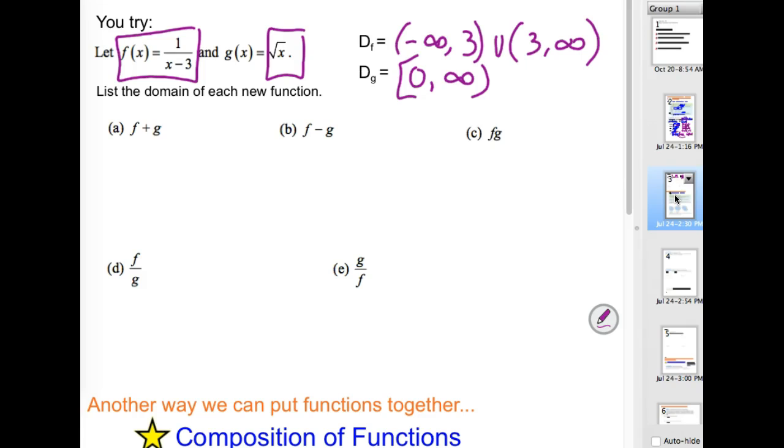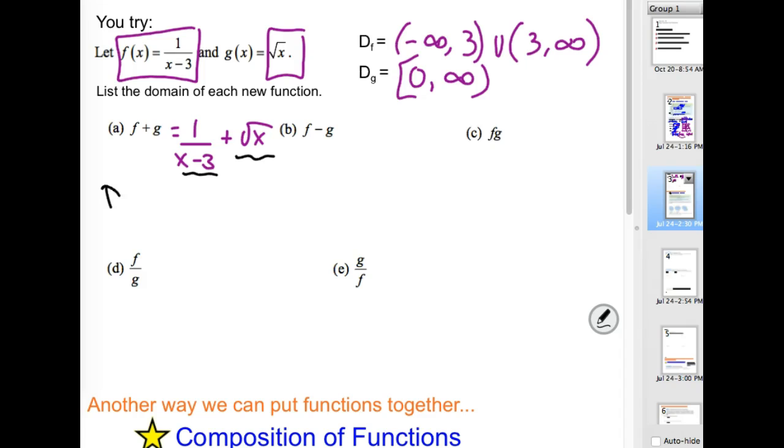The first one says to take f plus g. So we are going to take 1 over x minus 3 and add to it a square root of x. Domain restrictions, remember, have to be domains that overlap. So because we have this square root piece, where our domain had to be 0 or higher, we cannot use anything negative. But we also have this issue where we had to eliminate the 3.